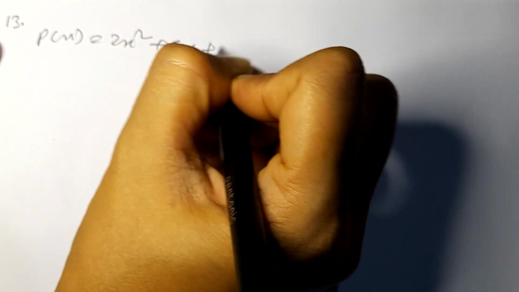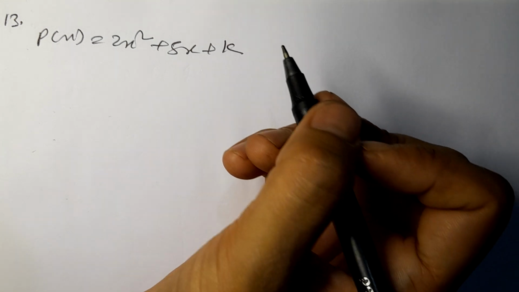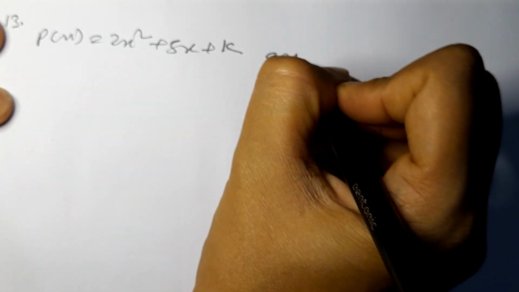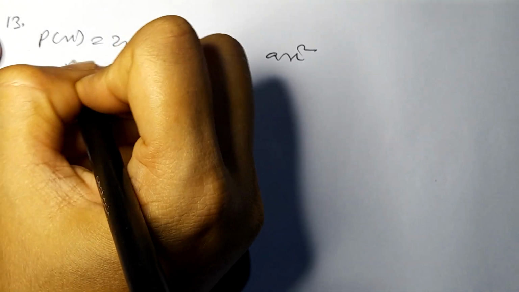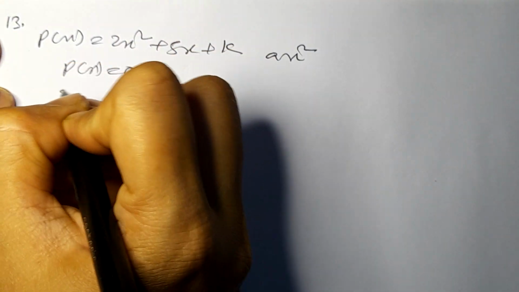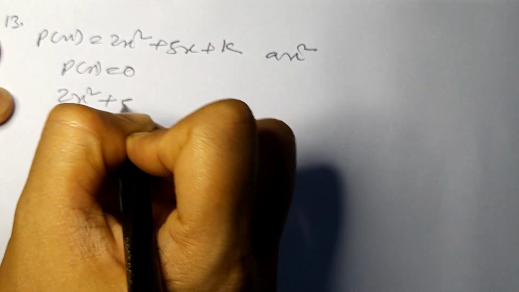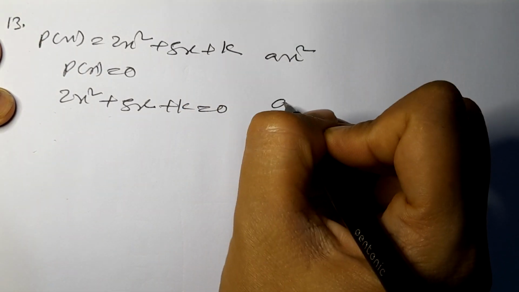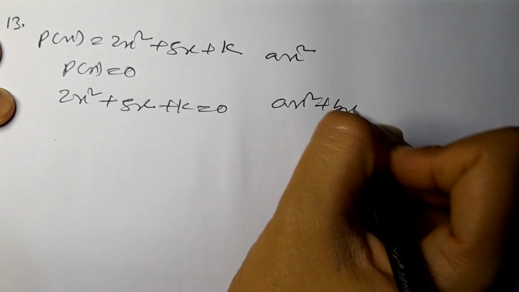So p of x is given 2x square plus 5x plus k. We can find the sum of zeros from here. Compare with the quadratic equation. P of x is equal to 0, so 2x square plus 5x plus k equal to 0. Compare with ax square plus bx plus c.